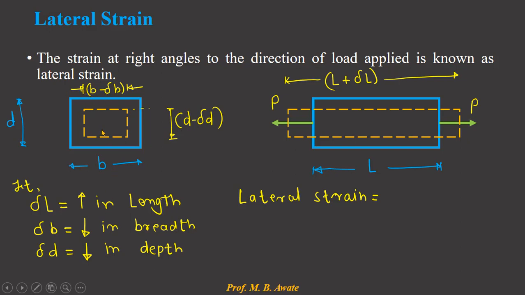As far as this breadth is concerned, the change is nothing but delta B. So I can write the change in breadth to its original breadth, that is delta B divided by B. Or I can also write like this: there is also change in depth, that is nothing but delta D divided by D. Right? So these are the lateral strains.